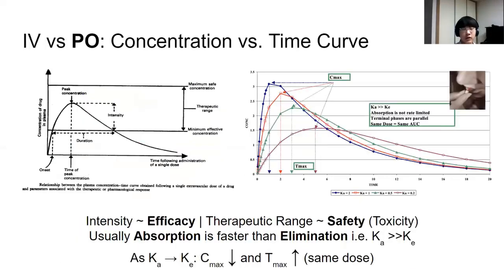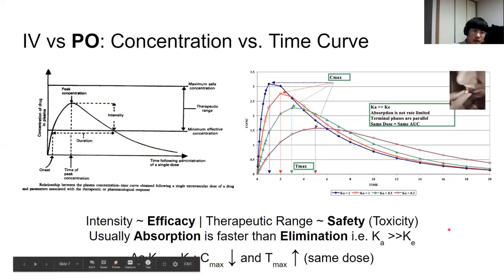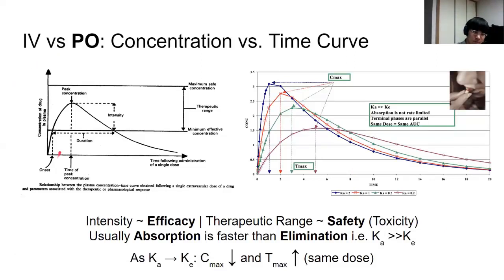Oral administration, on the other hand, as I said before, is quite different. Here, I'm going to explain briefly what's happening. First, the drug is absorbed by the body. Once it reaches a peak concentration, which is the highest concentration inside our body, it then slowly goes down until it reaches virtually 0.